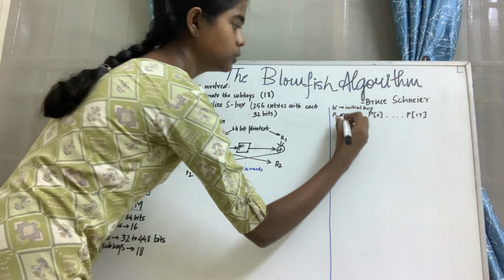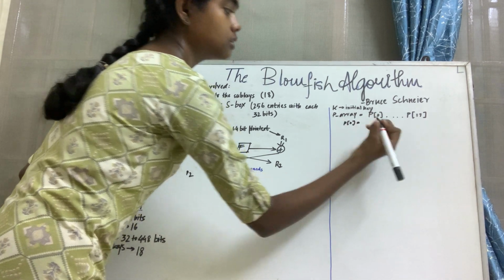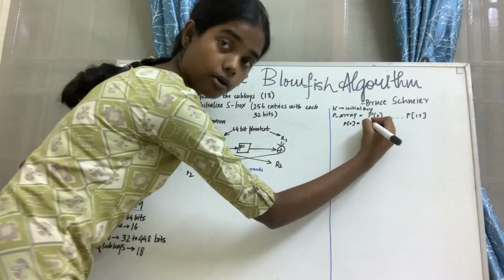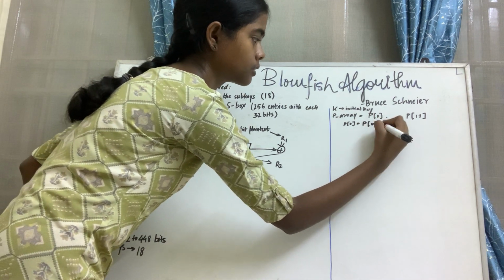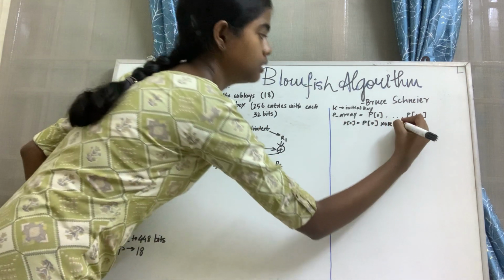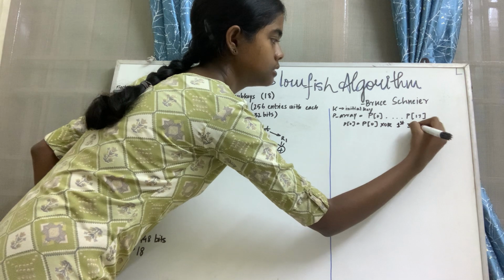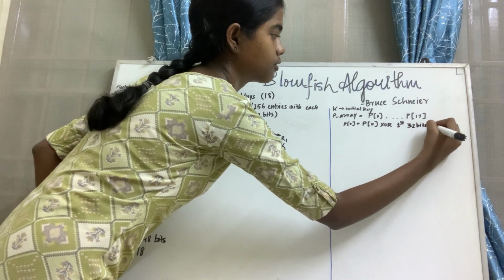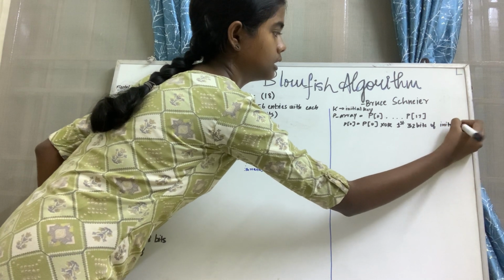So what we will be doing is, we have P of 0. The operation we will be performing is XOR. So P of 0, we will be performing XOR with the first 32 bits of the initial key.